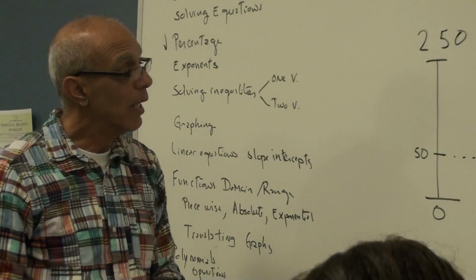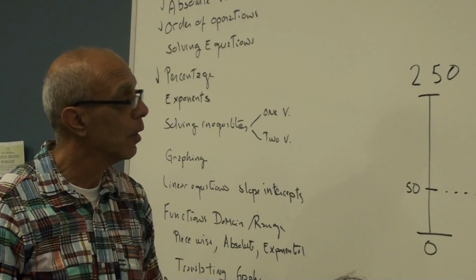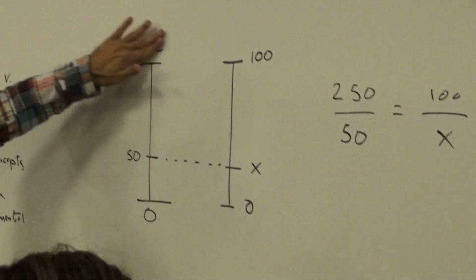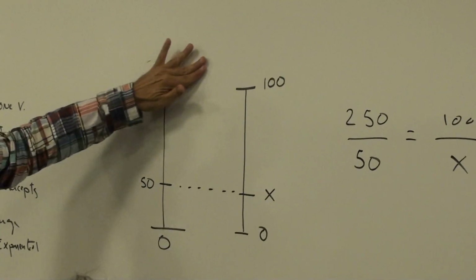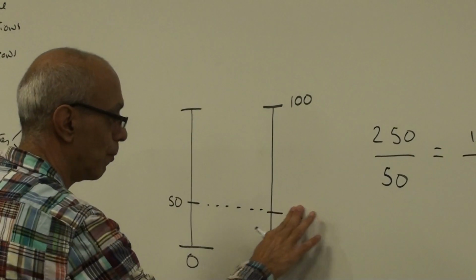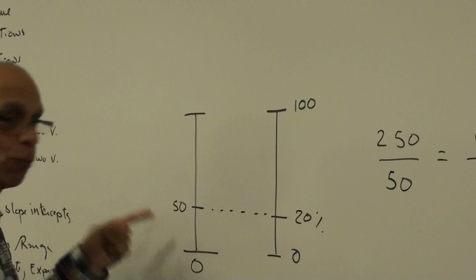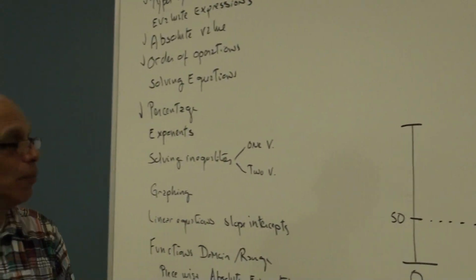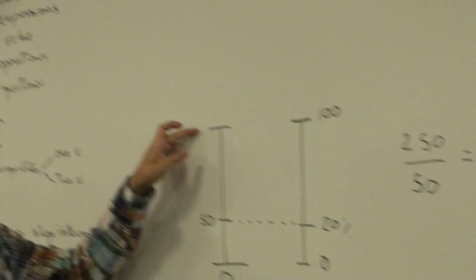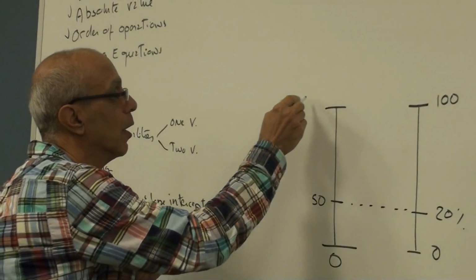Now, sometimes the problem is written a little differently, okay? I give you 50, and I say 50 is 20% of what number? Now I'm saying that this 50 is 20% of a maximum, right? 100% is going to be a certain number that I don't know.